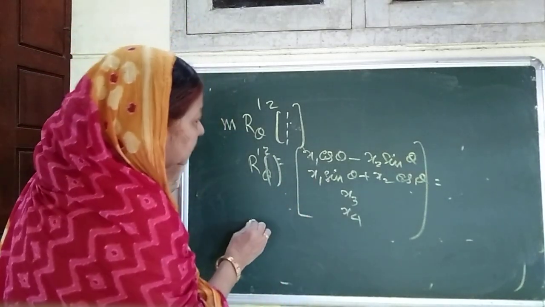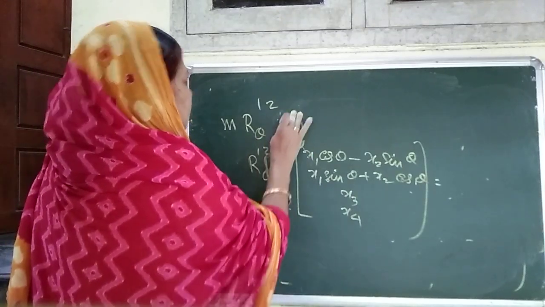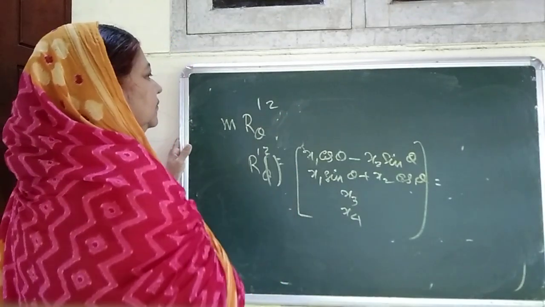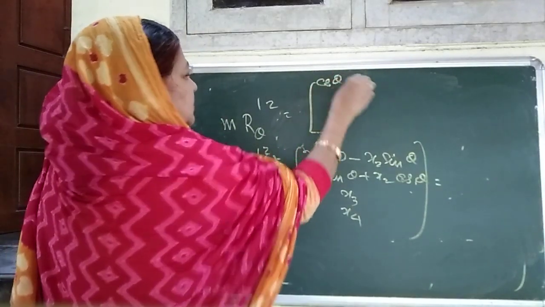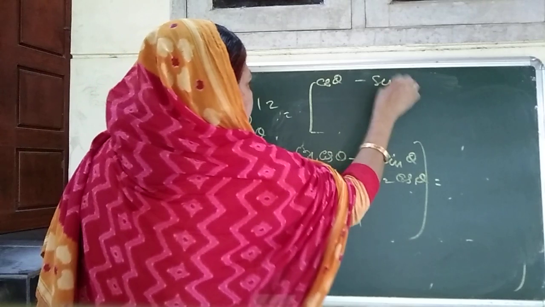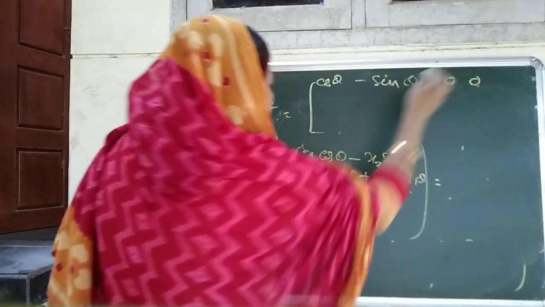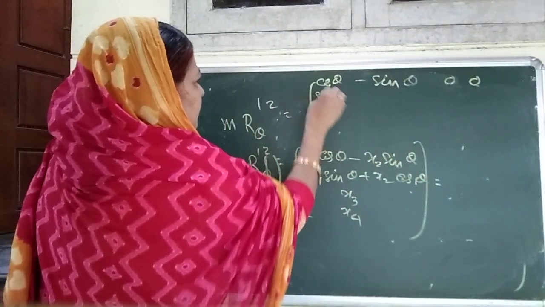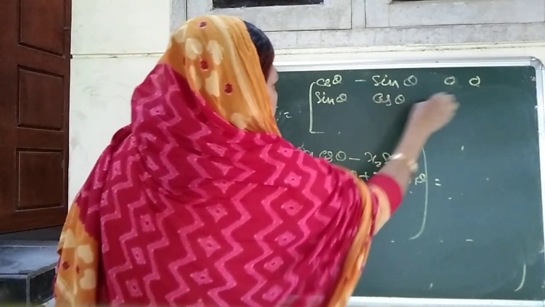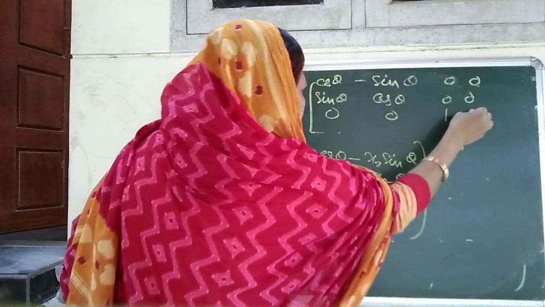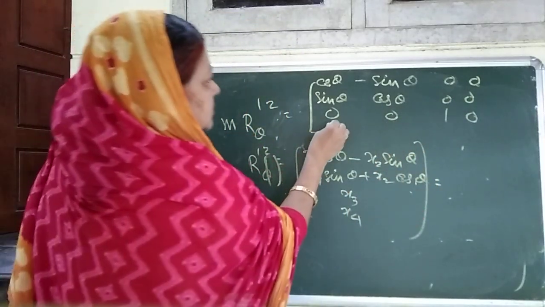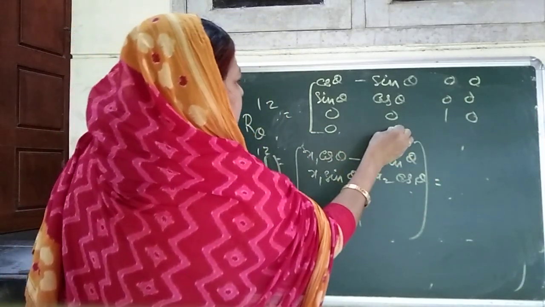So that matrix equals the coefficients: cos theta minus sin theta 0 0, then sin theta cos theta 0 0, then 0 0 1 0, and 0 0 0 1.